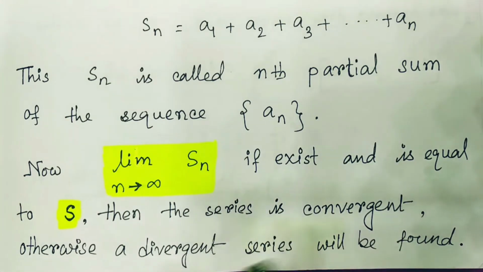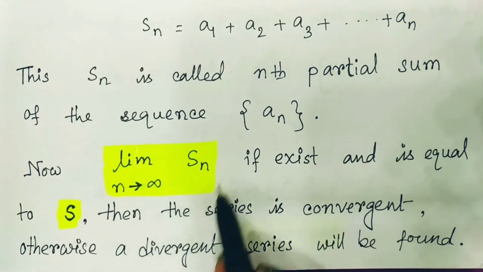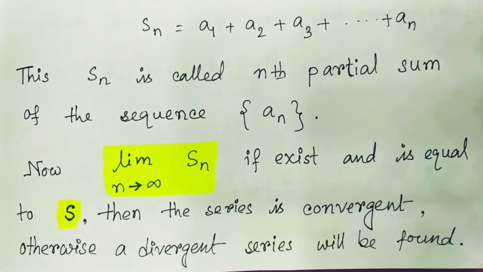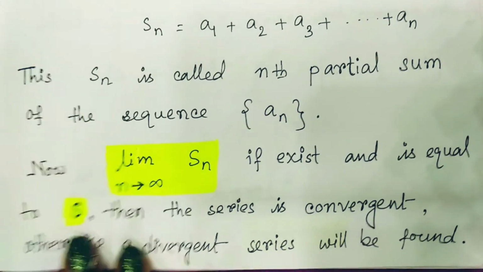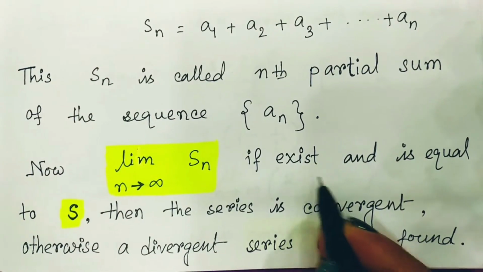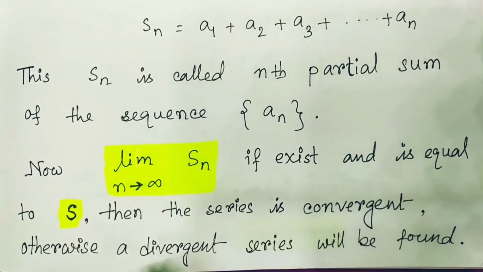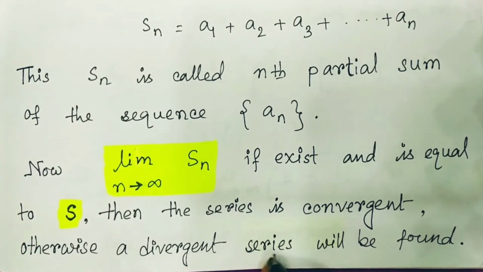As S1, S2, S3 form a sequence, for that sequence we just apply the same tests, and whatever conclusion we draw, we can say about the corresponding given series. So if the limit of Sn as n tends to infinity exists and equals S, then the series is convergent. Otherwise, a divergent series will be found.